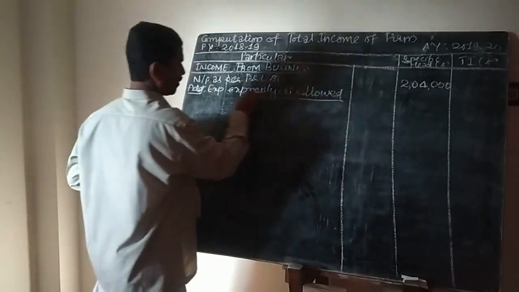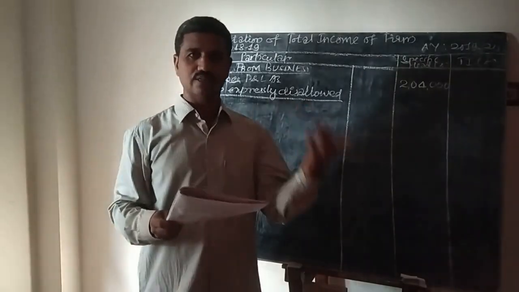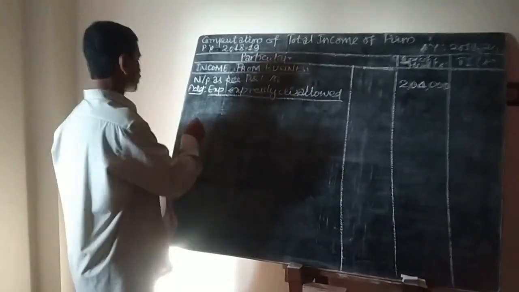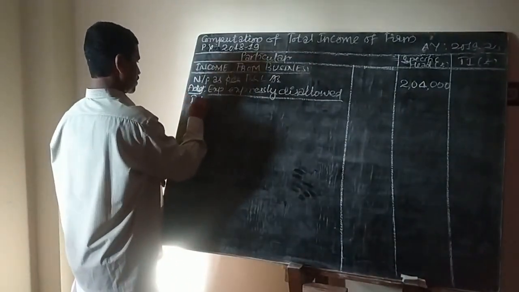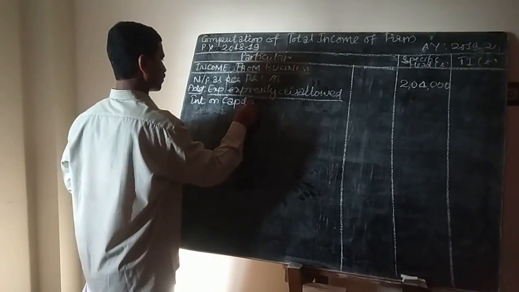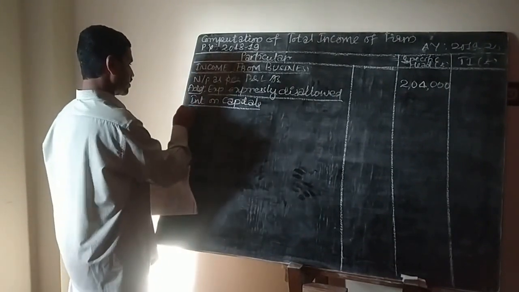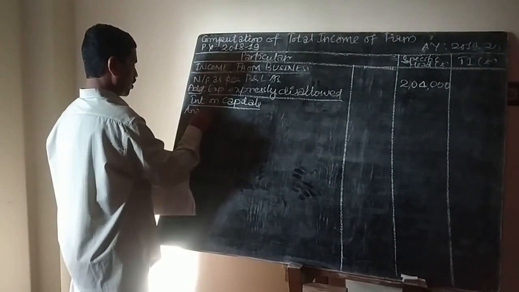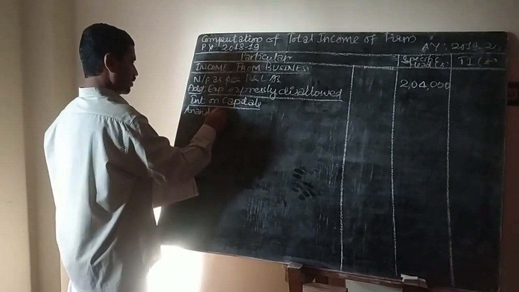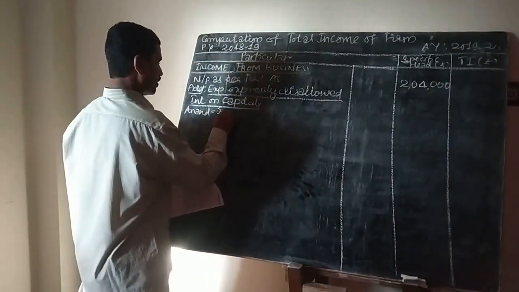For the salary, bonus and commission, we shall take it later on. So interest on capitals. Here we have Anand. The actually debited amount is rupees 21,000.